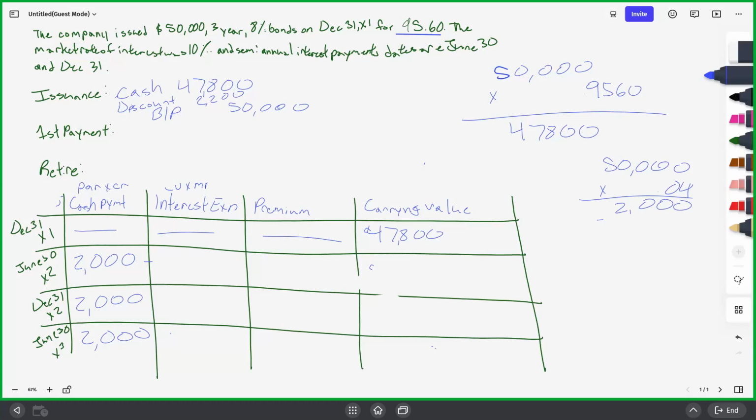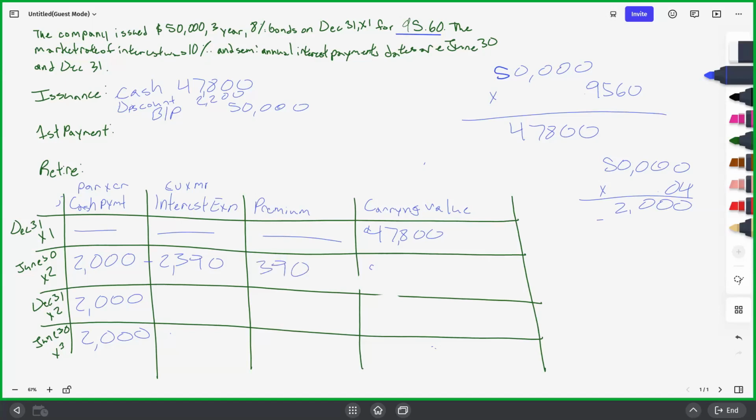Now we go to our interest expense, which does change. You will always use your carrying value times whatever you have for your market rate and divide that by 2. So it's 10% divided by 2 to get 2,390. Just like before, we minus it out.